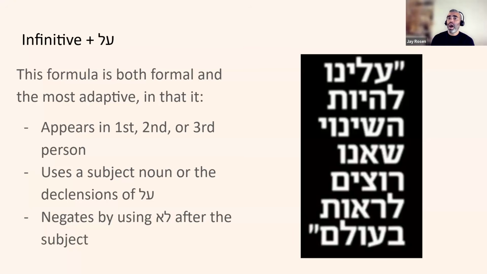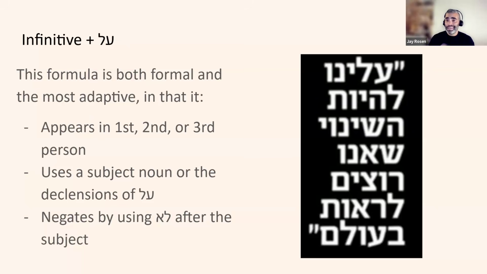In this case, alenu lehiot hashinui she'anu rotzim lirot ba'olam. We must be the change which we want to see in the world. Okay, very well-known phrase, always attributed to 500 different people. This is how you would say it in Hebrew. Aleinu lehiot hashinui. We must be the change.